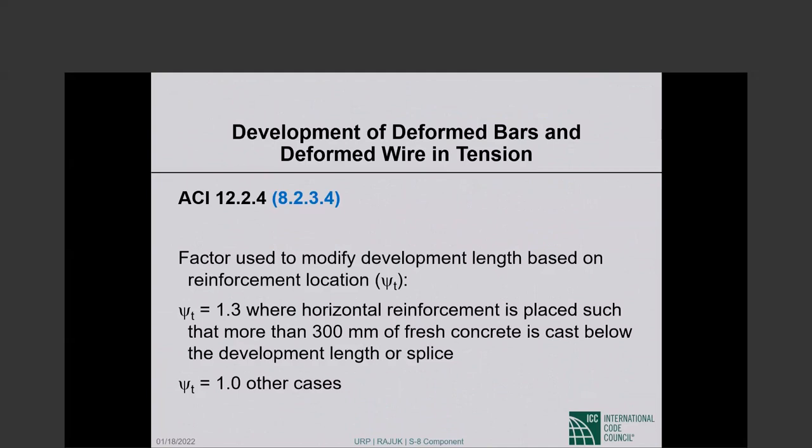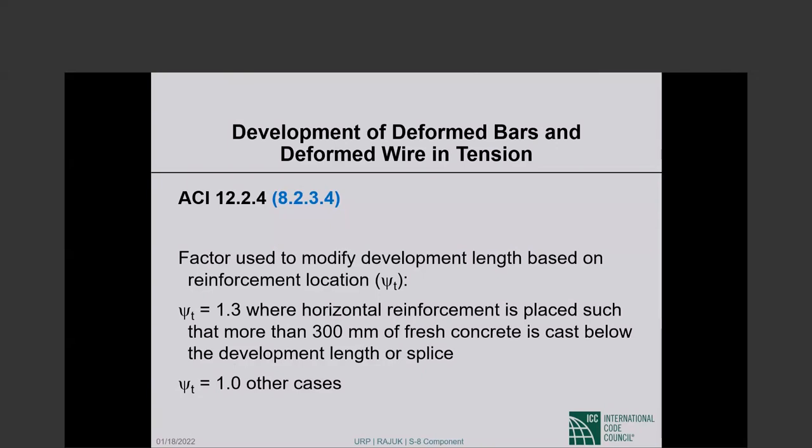A top bar is a bar having more than 12 inches of concrete cast in one lift underneath the bar. So a top bar is a reinforcing bar with more than 12 inches of concrete cast in one lift underneath the bar. If you have a top bar, psi sub T is 1.3.